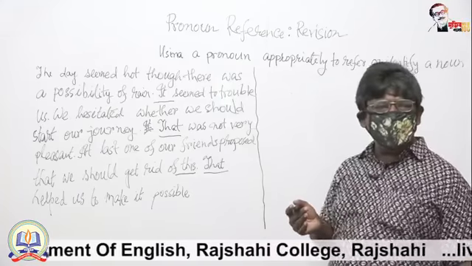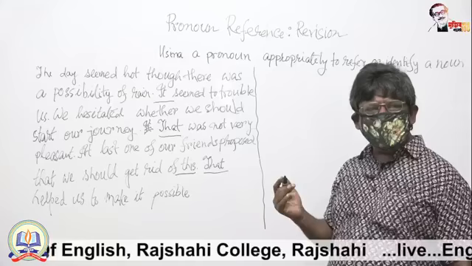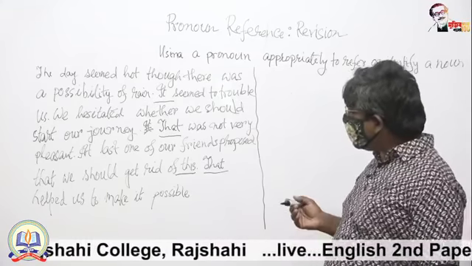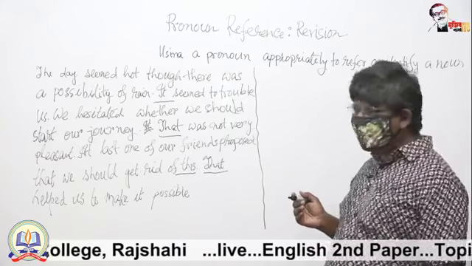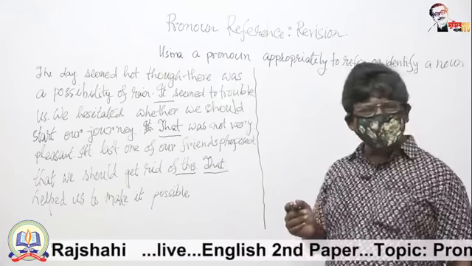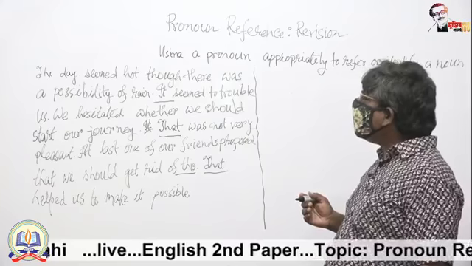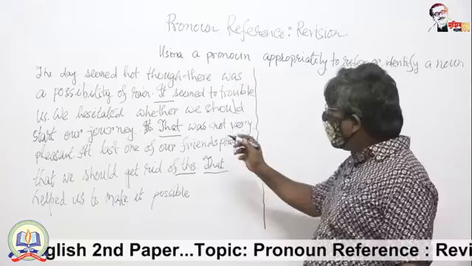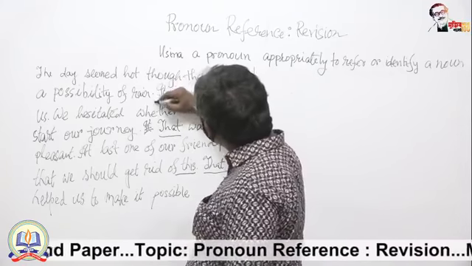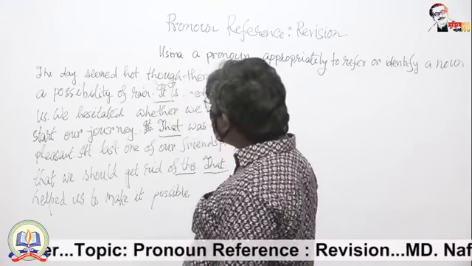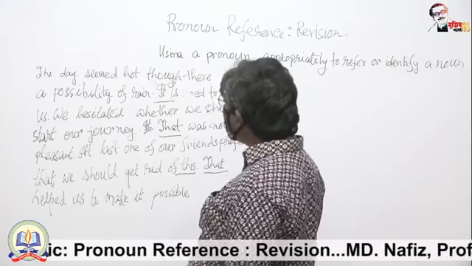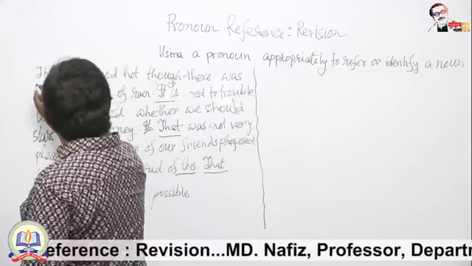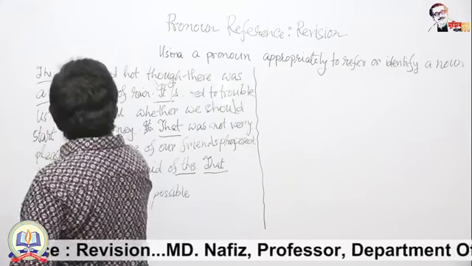Here we have a clear complexity identifying the pronouns it, that, or this with a noun used in different places of the passage. What does this it mean? We have two nouns or noun phrases in the previous sentence, the day and a possibility of rain.